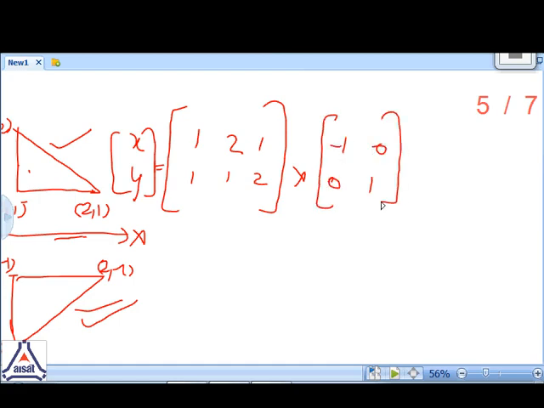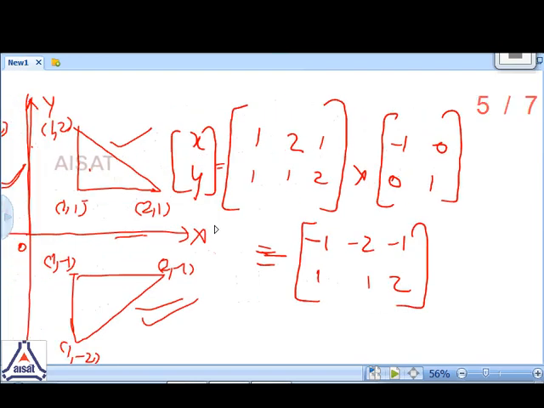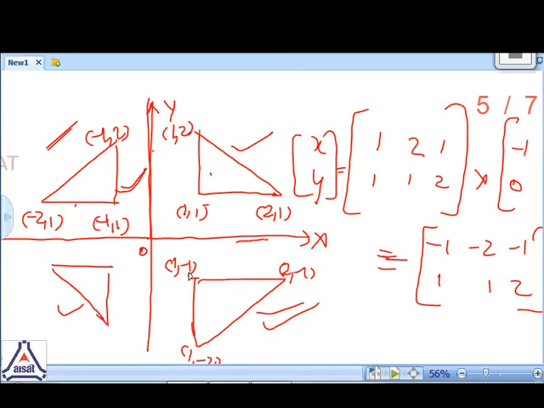Then the resultant will be minus 1 1, minus 2 1, minus 1 2. All the x coordinates will be negative, and we will get a mirror image about y axis.